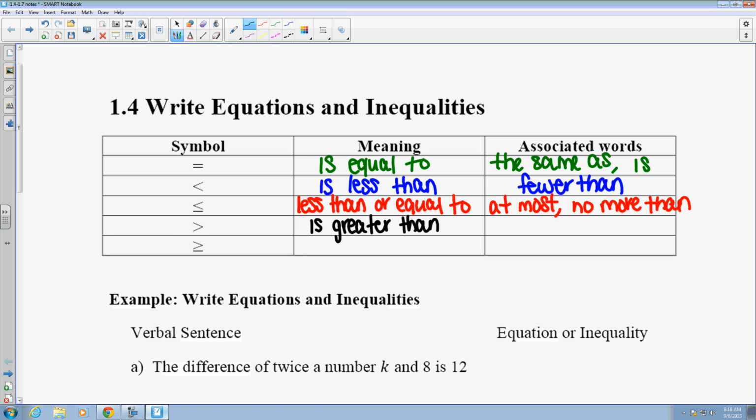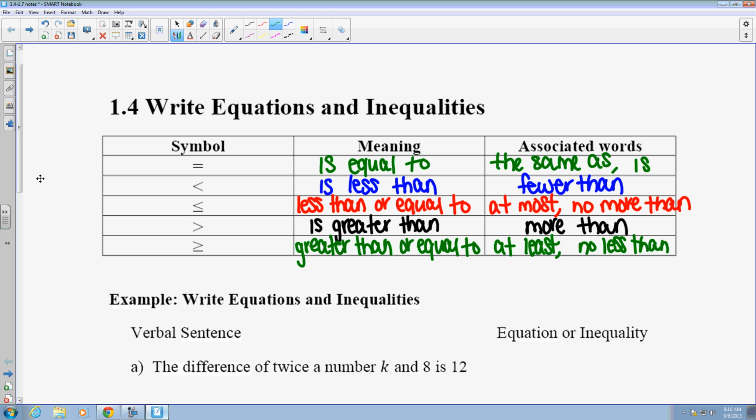And some associated words with that, opposite of less than, more than. And the last one, of course, is going to be greater than or equal to. And your associated words, at least, and no less than.